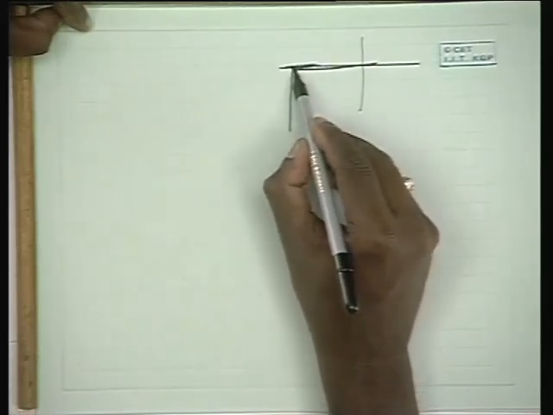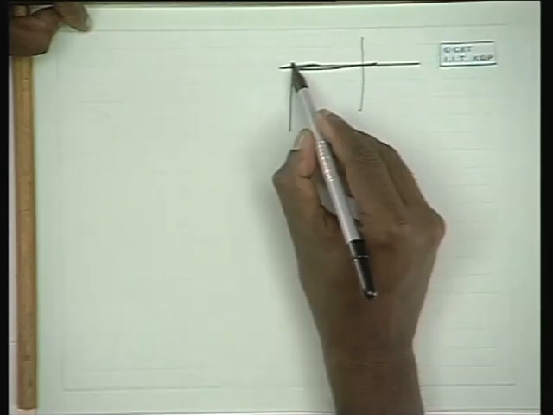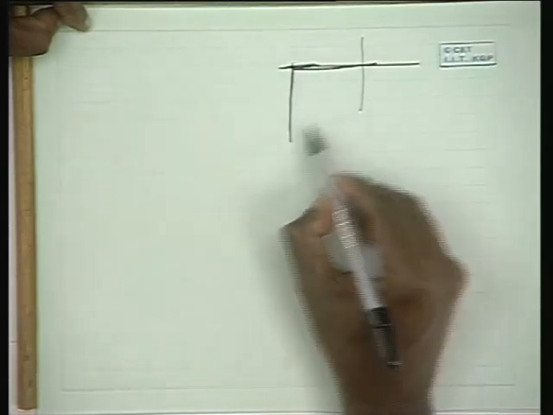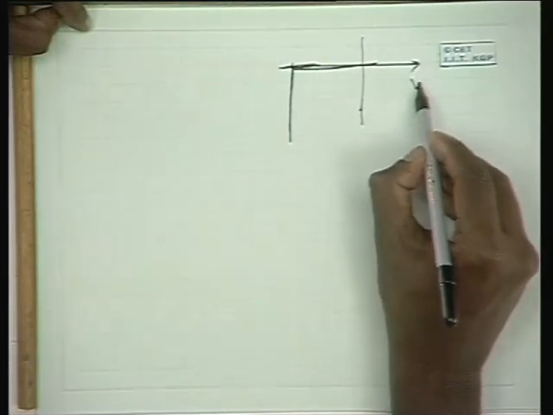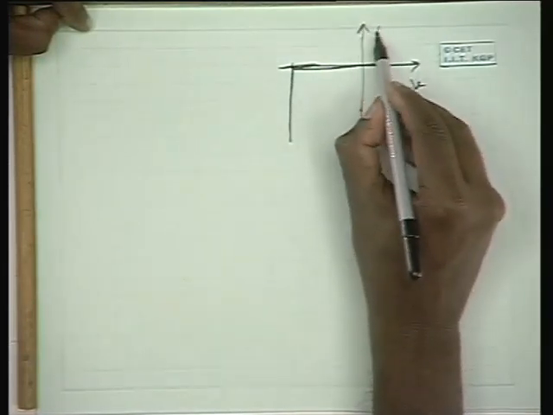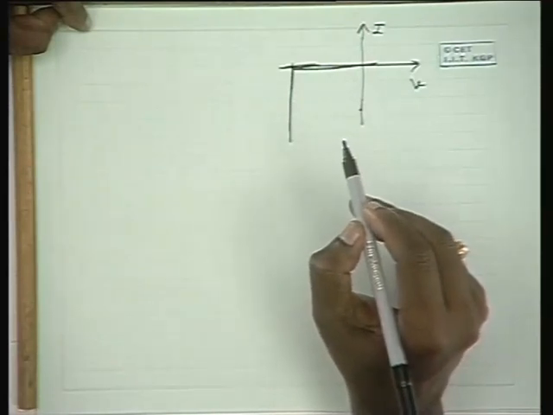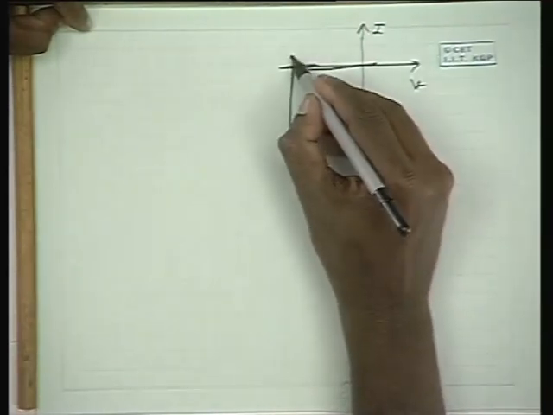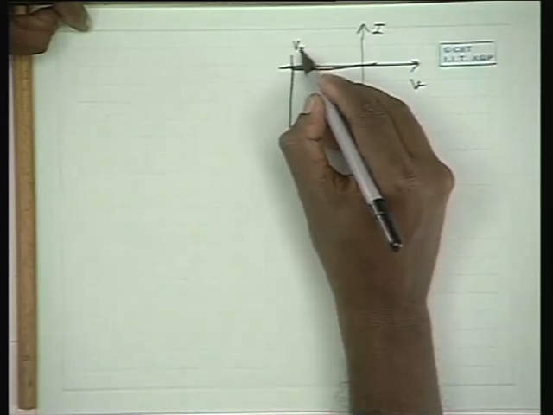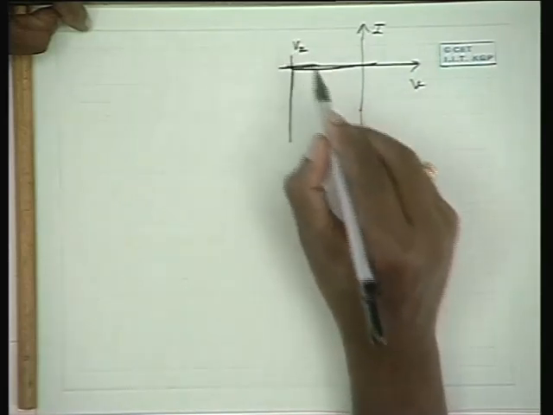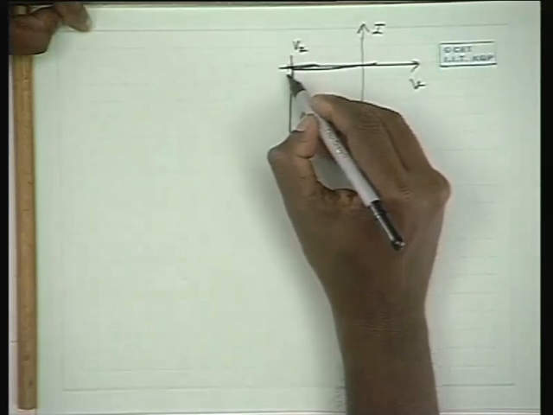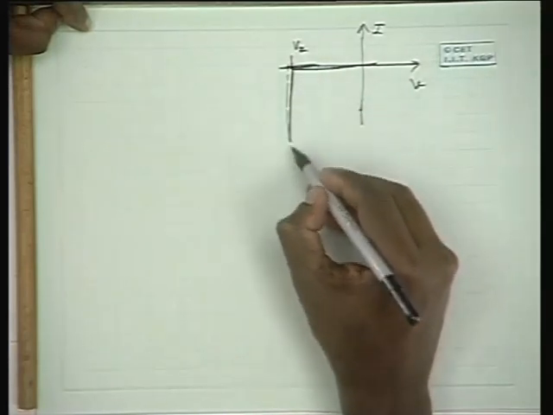If you neglect the reverse saturation current, this is the equivalent circuit. So voltage, current, and this is the equivalent circuit. So this is Vz, and Vi is less than Vz, like this. When Vi is like this, what happens to the diode?